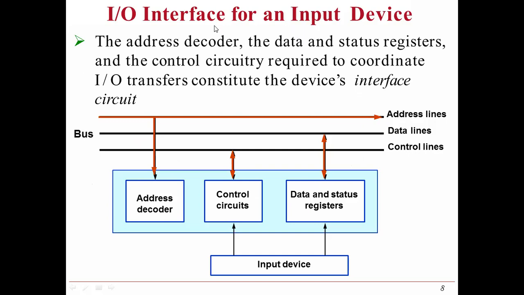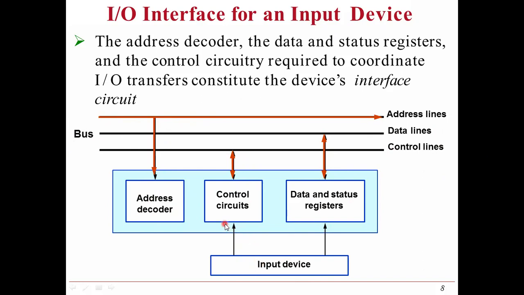Here is the IO interface for an input device. Here the bus is considered. This bus has address lines, data lines, and control lines. The address decoder is connected to the address lines, control circuits are connected to the control lines, and data and status registers are connected to the data lines. Here an input device gives the input.